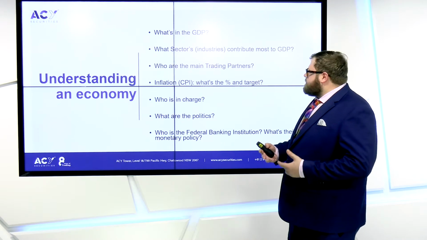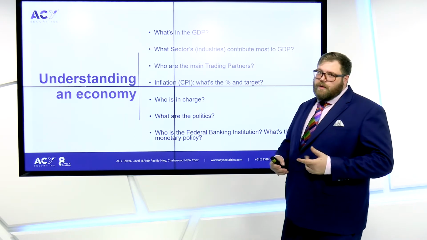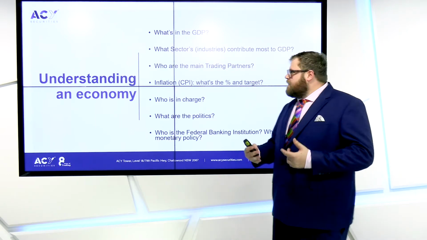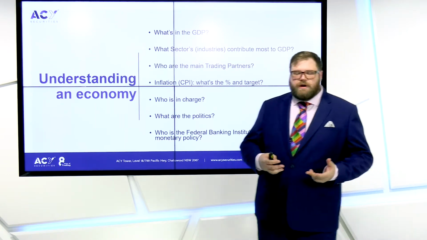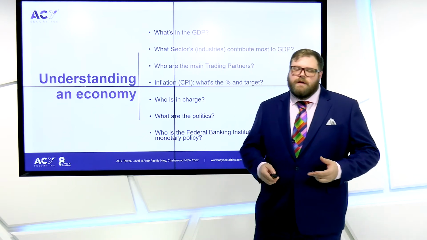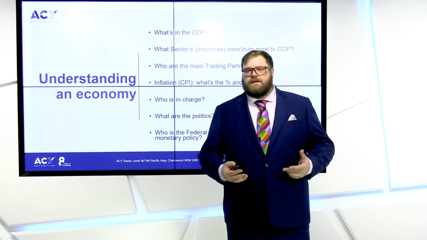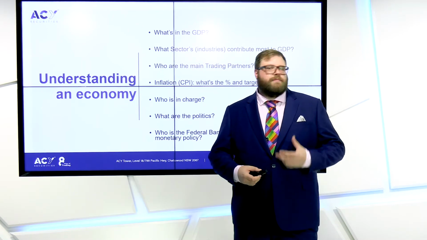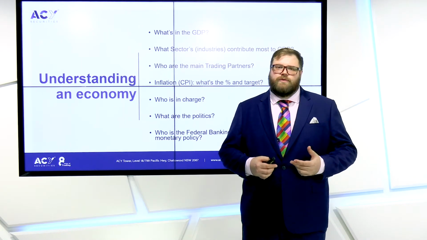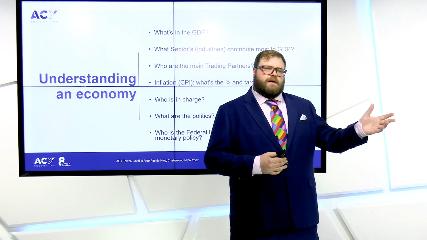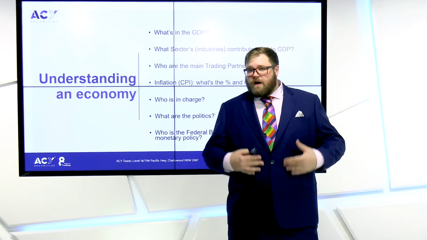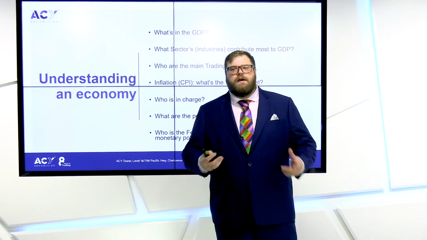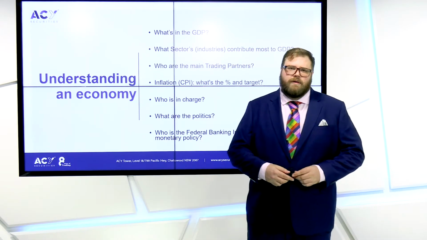So the next part you would look at, after looking at what sectors and industries make up that economy, is who the main trading partners might be. In Australia's instance, our largest trading partner for exports is China, with more than 32% of exports going overseas to China. At this current time, we have things with coronavirus, supply chain disruptions, and a variety of other things going on.